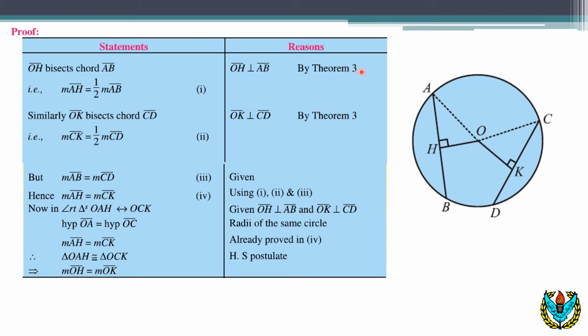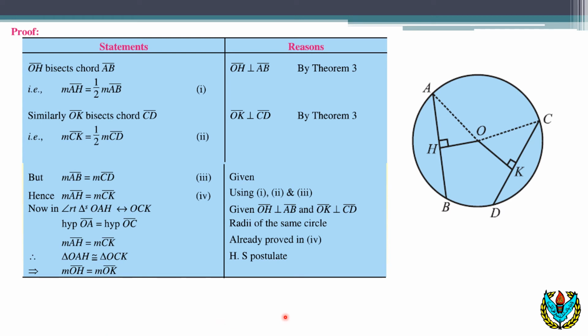So therefore, in right angle triangles, according to the hypotenuse theorem, the hypotenuse and one side of a right angle triangle are respectively congruent to the hypotenuse and one side of the other right angle triangle. It means right angle triangle OAH is congruent to right angle triangle OCK by hypotenuse side postulate.